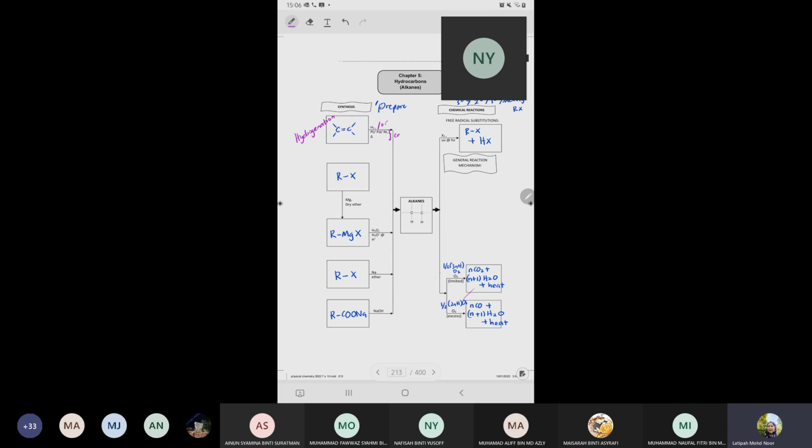These are the conditions, and this is the reagent. But usually we do not separate reagent and condition. You have to write them all together. It must be complete reagent and condition, then the reaction will occur. Understand until this part? Yes, madam.